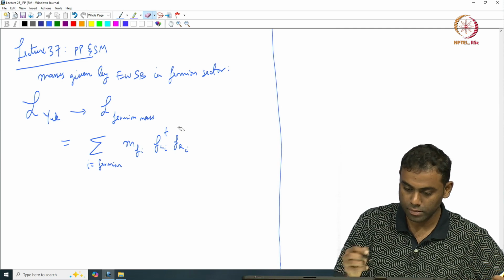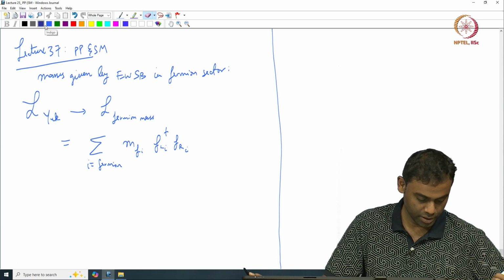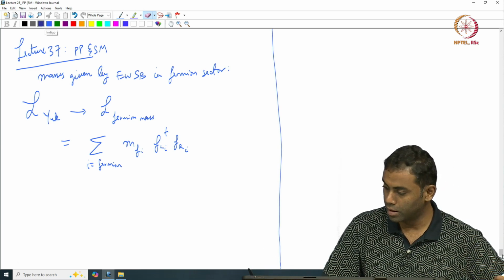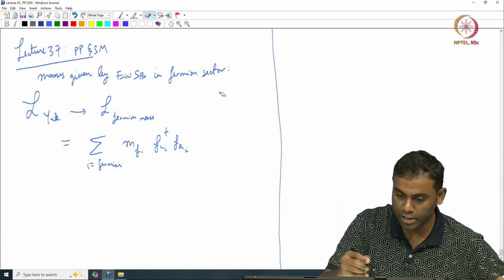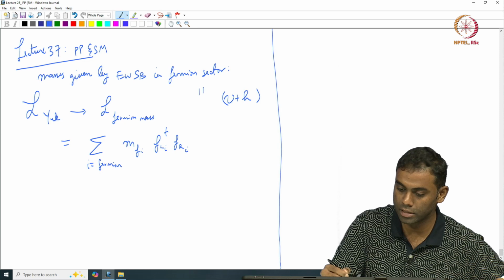But it is not just that: every time you have a H there is a v, so it always comes in combinations of v plus H in the Higgs doublet.